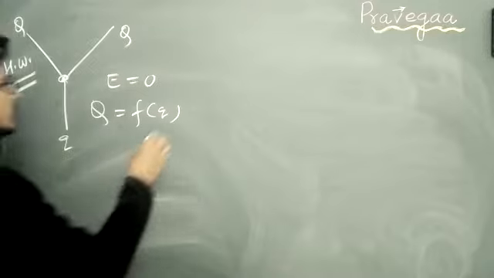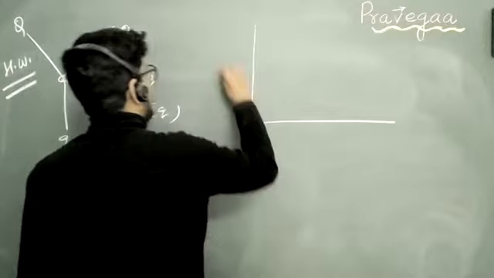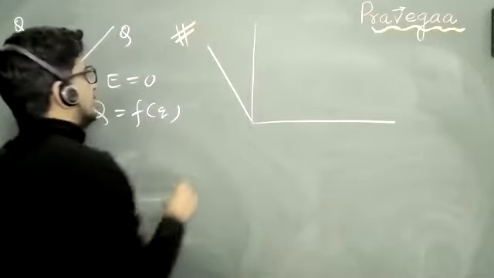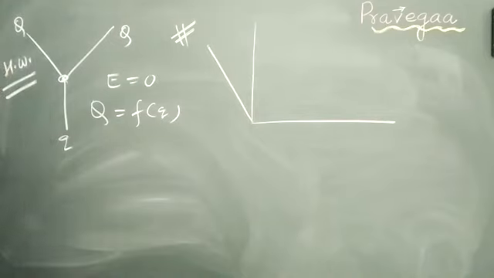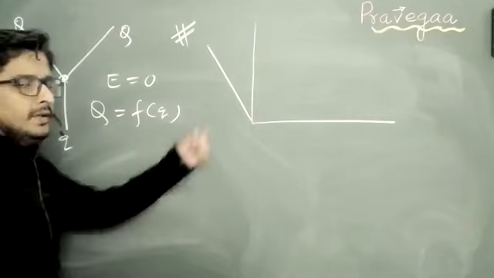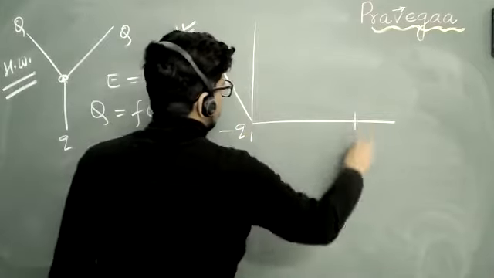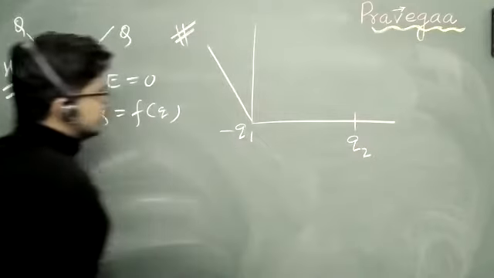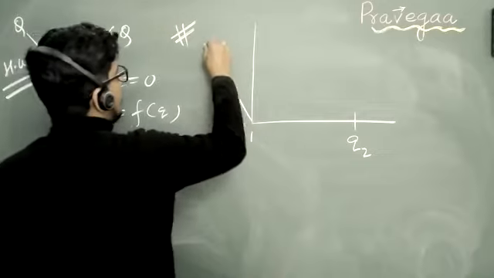Then let us do this question. This is the axis. Everybody try this with me, and you will understand whether you have learned your concept of vectors or not. So we have a charge configuration like this. Minus Q1 here, Q2 here, and minus Q3 here.